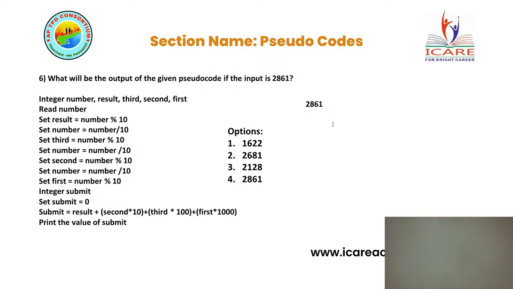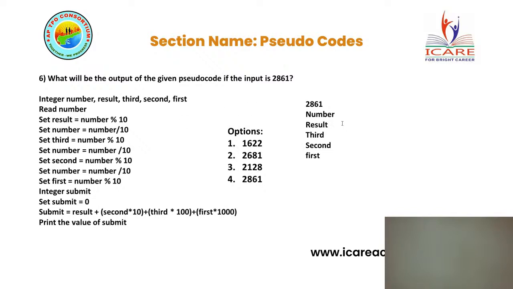Coming into the program, there are some variables: integer number, result, third, second, and first. They have mentioned five variables as integer data type, with the names number, result, third, second, and first. Then in the next statement, read number.